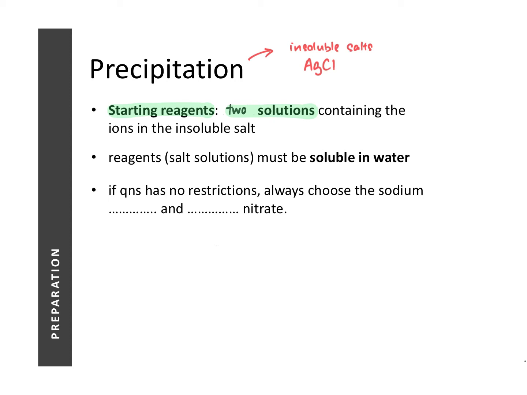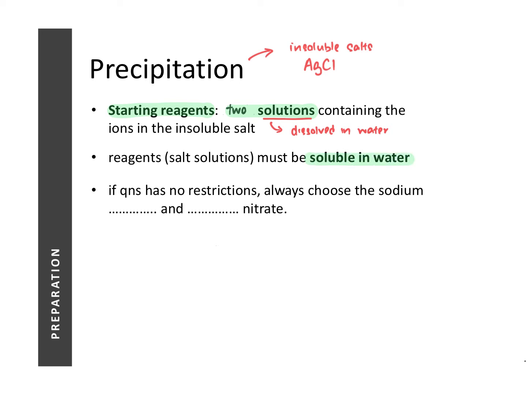Okay, so if we recall the term solutions, what does solution mean? It means that it must be dissolved in water. Okay, dissolved in water. Alright, so the 2 reagents that you mix to get an insoluble salt must be dissolved in water, it must be soluble in water. So that's the very important thing to remember for your precipitation method.